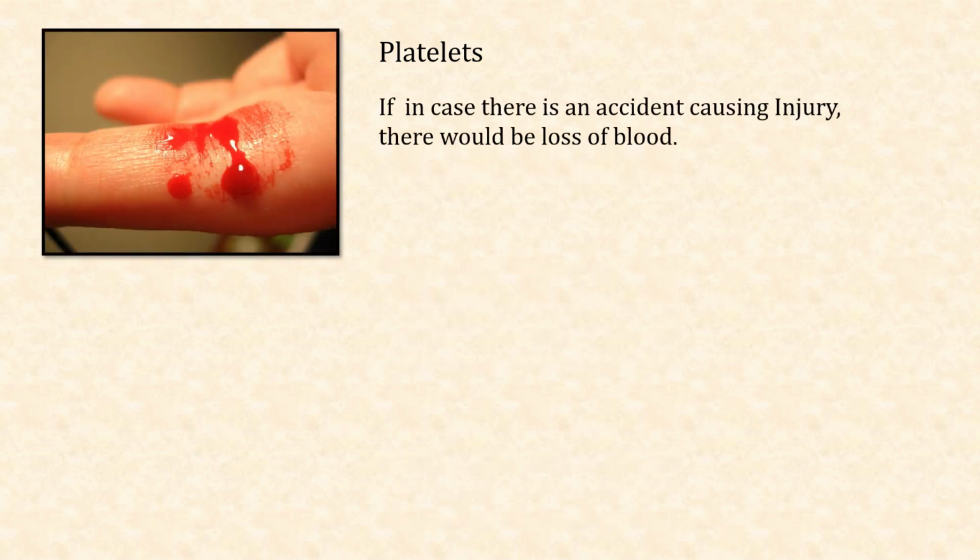Let's talk about platelets now. If there is an accident causing injury, there would be blood loss. We have experienced this ourselves so many times, and we have witnessed this happen in others also. If there is a cut on a finger or on a hand, we see that the blood oozes out. But in some time, the blood stops. What if it doesn't stop?